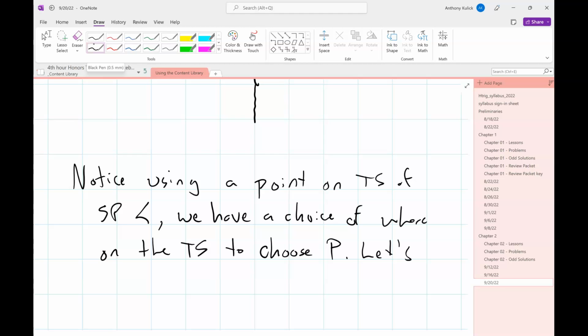We can improve our method here by standardizing how we choose P. How do you suppose we're going to do that?